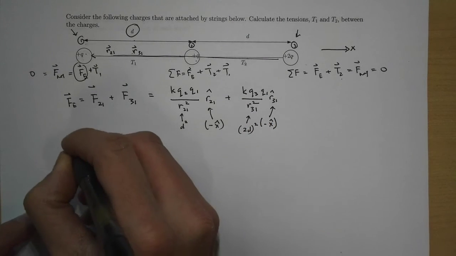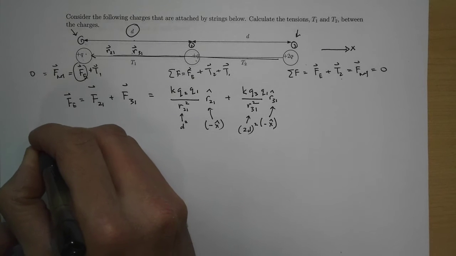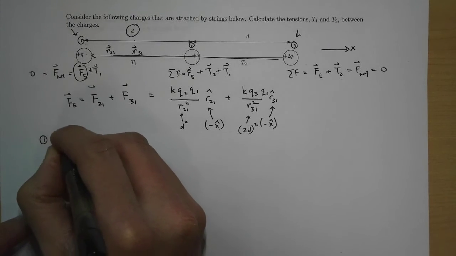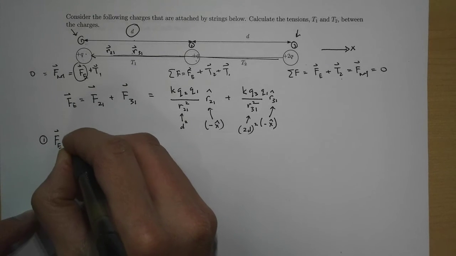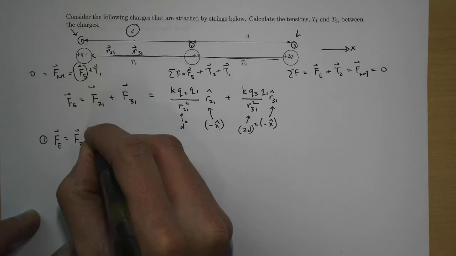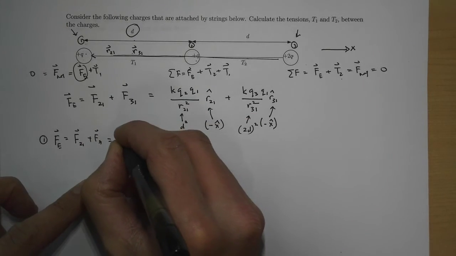Okay, so let's put everything together now. For number 1, F electric is going to be equal to F21 plus F31, which is going to be k.